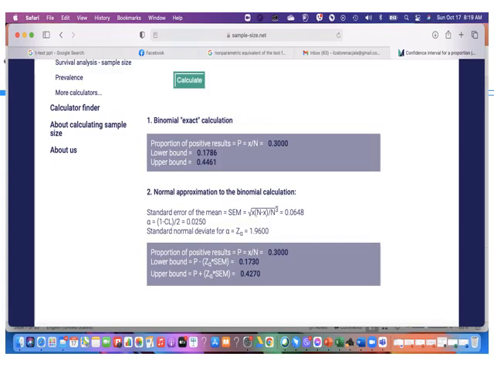When you click calculate, you are given two options: the binomial exact calculation and the normal approximation of the binomial calculation. The second one approximates more or less our manual computation.